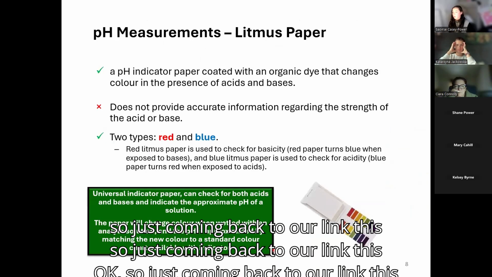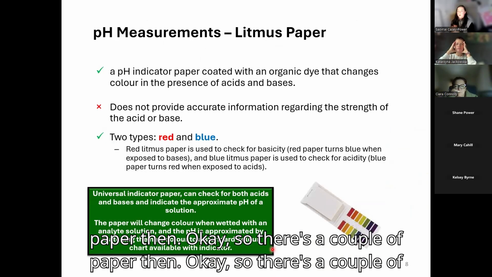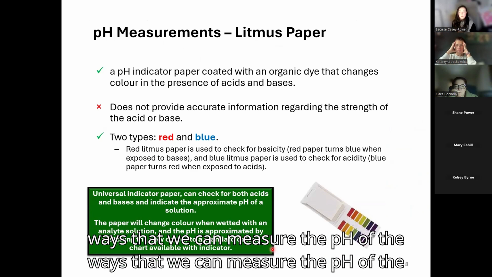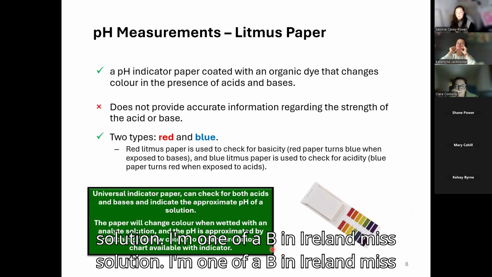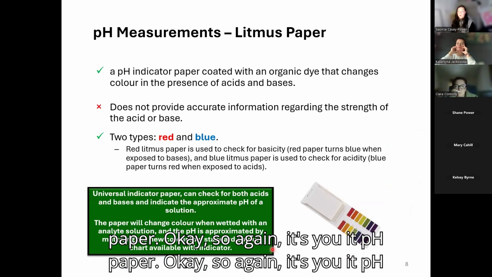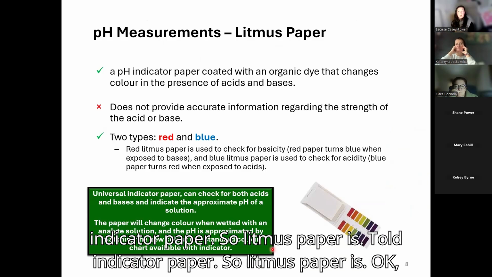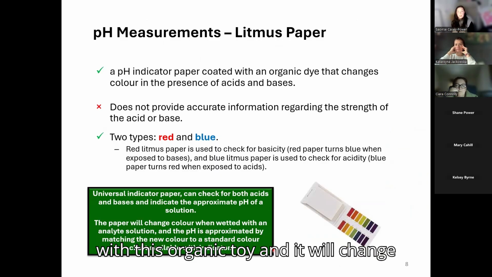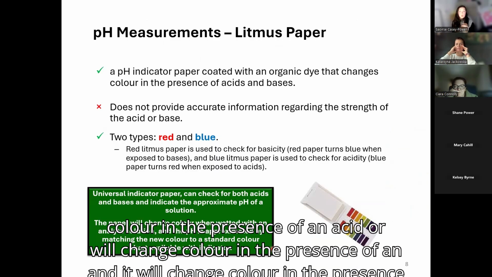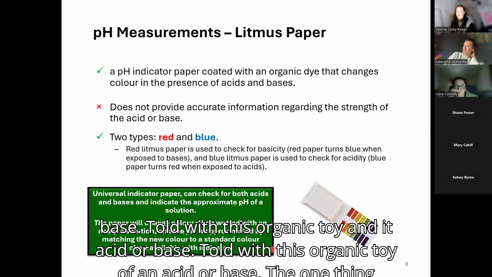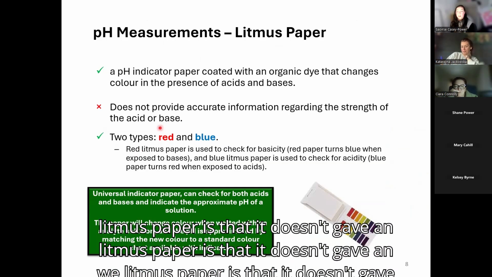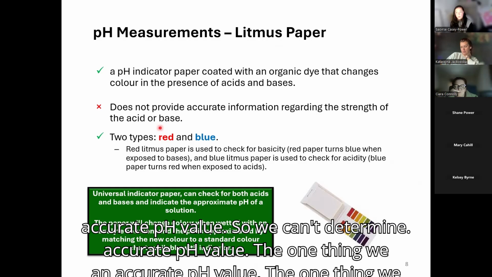Just coming back to our litmus paper. There are a couple of ways that we can measure the pH of a solution, and one of them is litmus paper. It's pH indicator paper coated with an organic dye, and it will change color in the presence of an acid or a base. The one thing with litmus paper is that it doesn't give an accurate pH value.